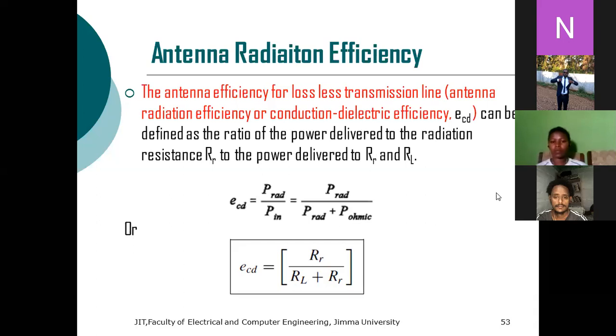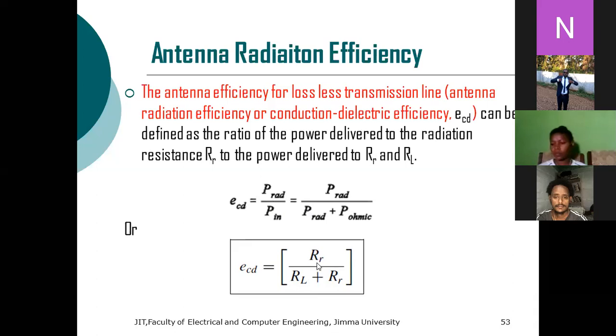So we can rewrite the conduction dielectric efficiency of a given radiating element in terms of the resistance. That is the additional formula. This is actually the previous formula we derived in our previous class.